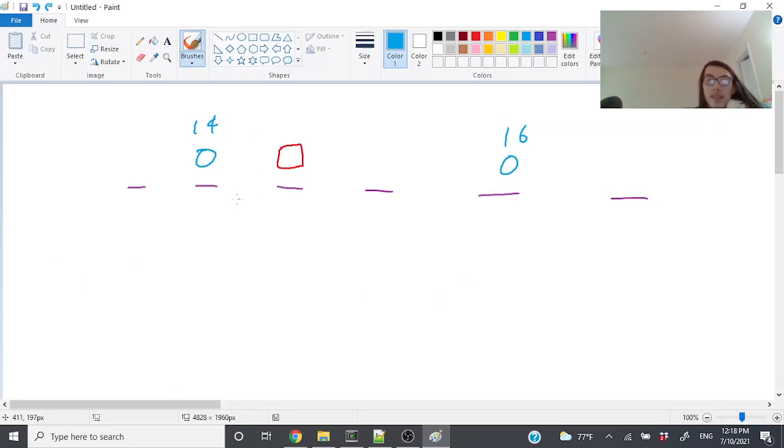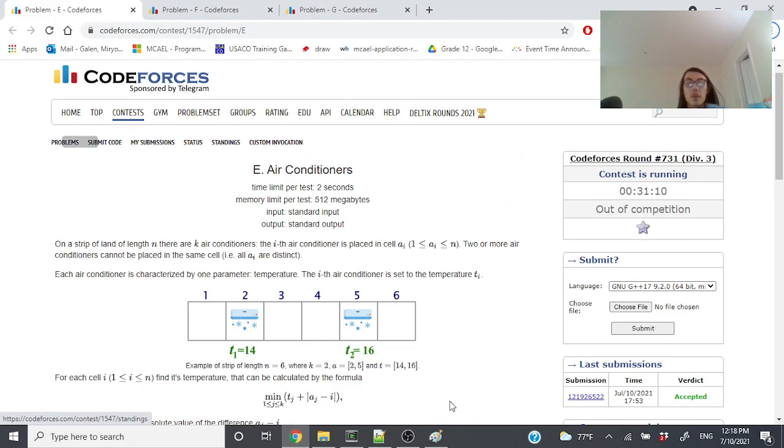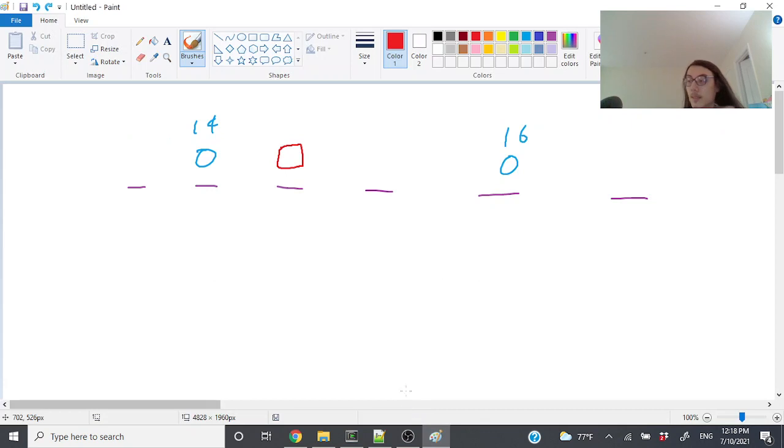And then we add to that the distance between the indices. So for example, here, the effect of this air conditioner on this cell is 14 plus the distance, which is 1, so the total is 15. And the effect that this air conditioner has, the distance is 2, the value is 16, so total is 18. And then the temperature for a cell is the minimum over all air conditioners of the effects. There's also at least one, so the temperature is well defined.